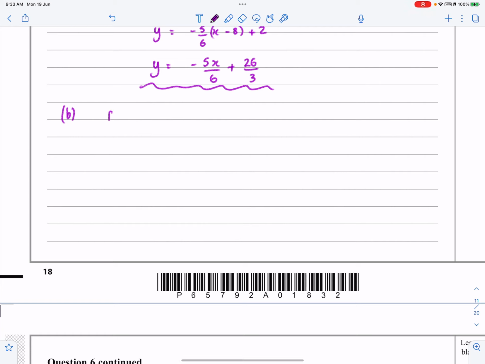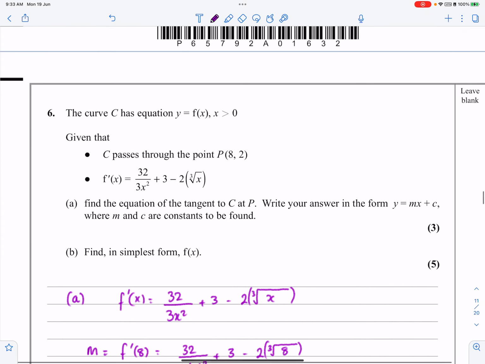So f(x) is just going to be the integral of what we had a minute ago, which was 32 over 3 x to the minus 2 plus 3 minus 2x to the power of a third, dx. Compare that to what we had here.